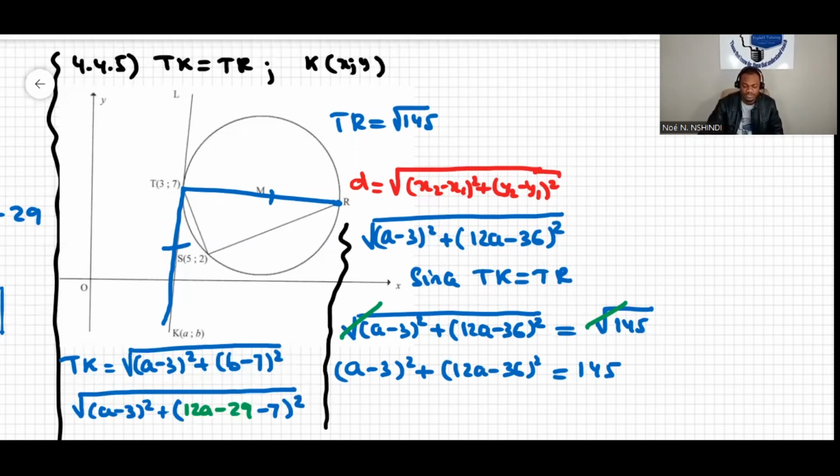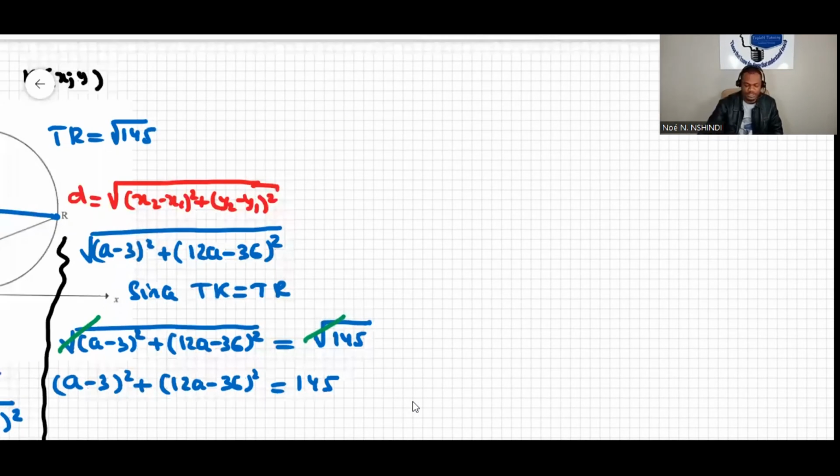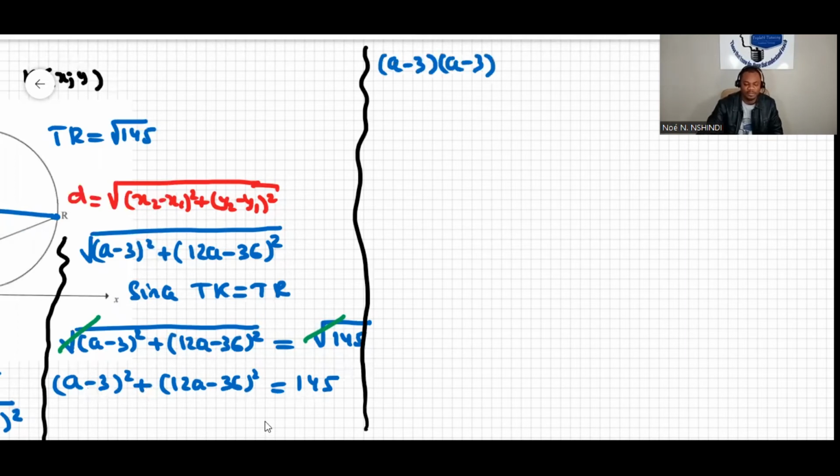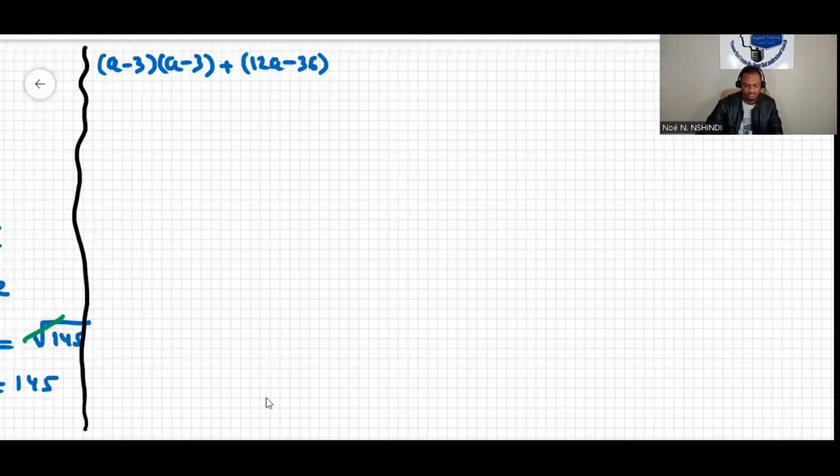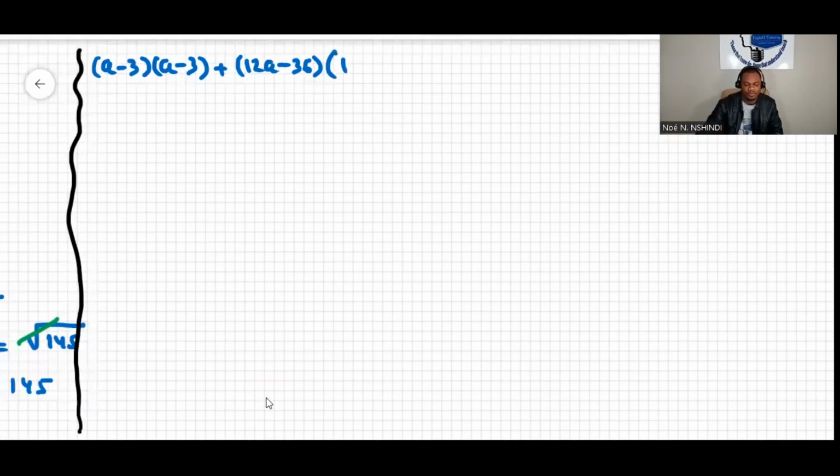Over here, we can expand this part. A minus 3 to the power of 2 is A minus 3 times A minus 3, plus 12A minus 36 squared, equal to 145.